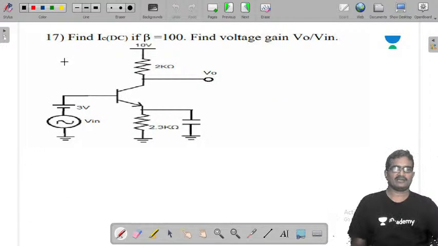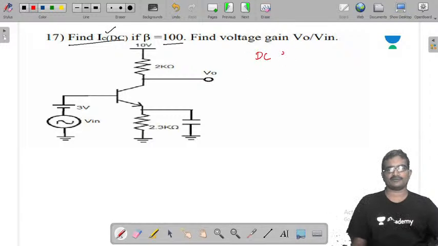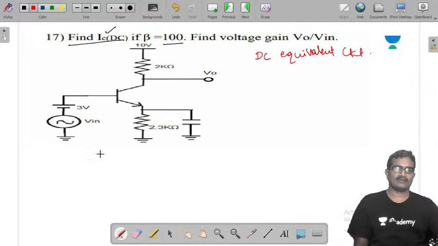Okay, now see this. Find DC collector current if beta is 100. Find voltage gain. So you need to calculate DC collector current. To calculate DC collector current, I am taking the DC equivalent circuit. Now the DC equivalent circuit is like this. Whatever the capacitor we have, we have to remove that capacitor.